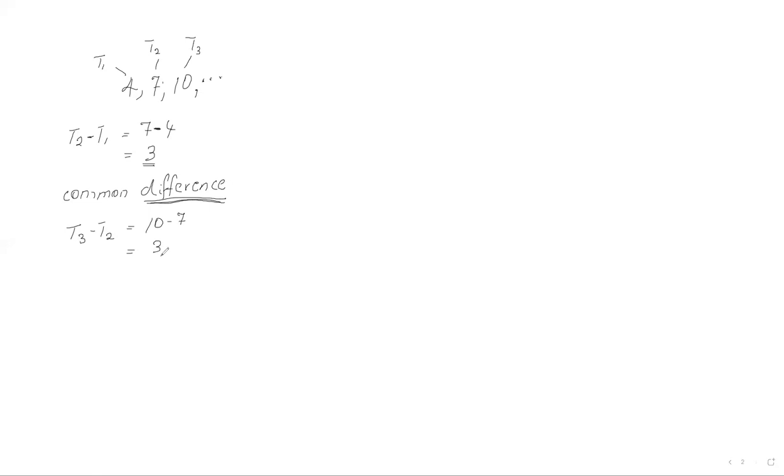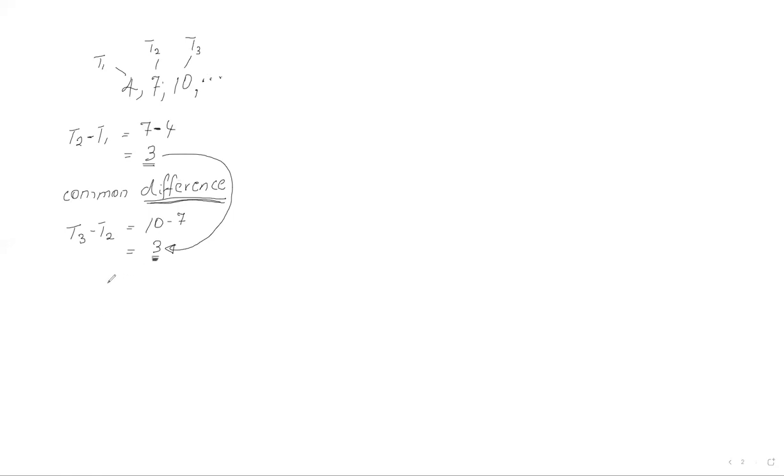The answer is 3. So this is the same as that. That's why we call that a common difference. Now, if you are to generate the fourth term, you add the 3 there to be 13.